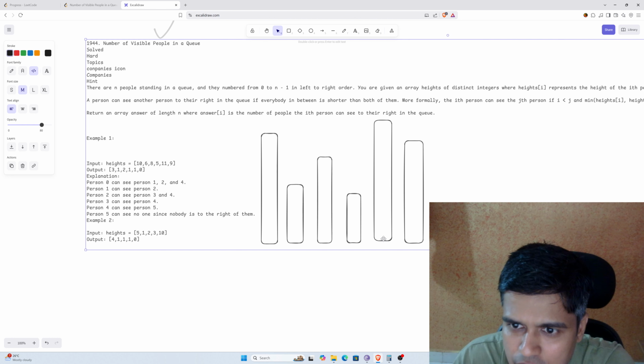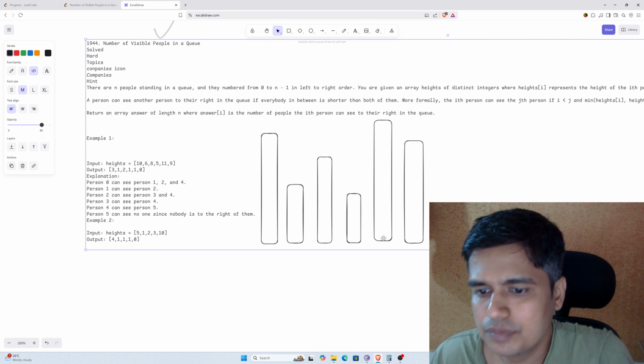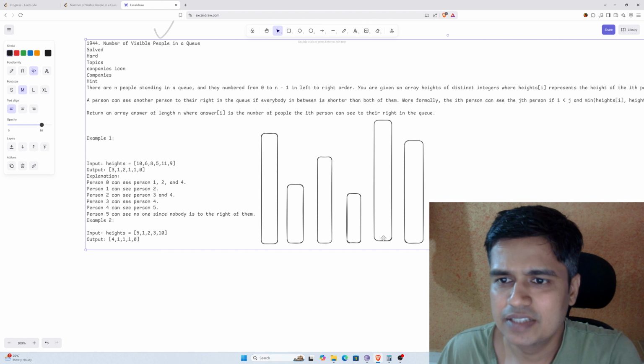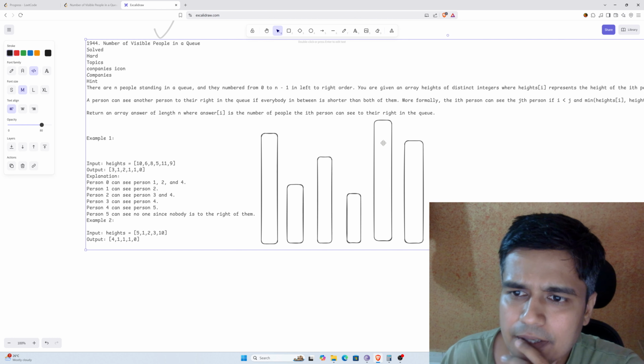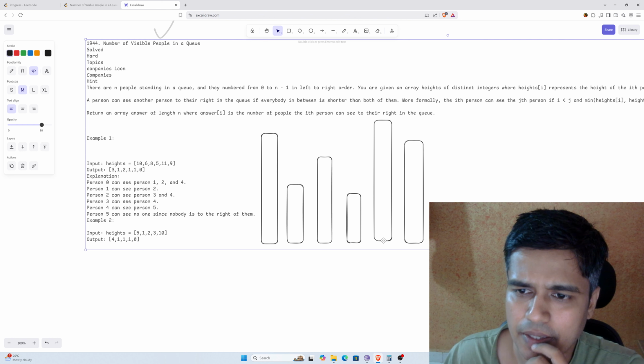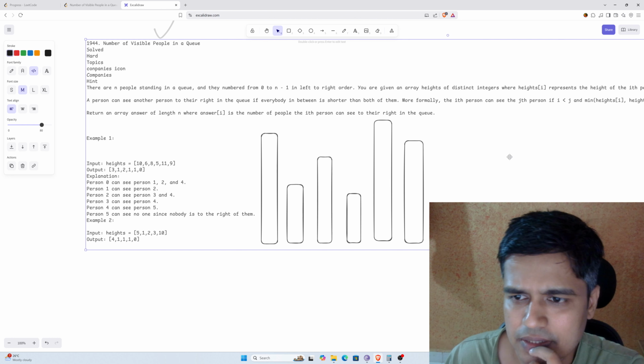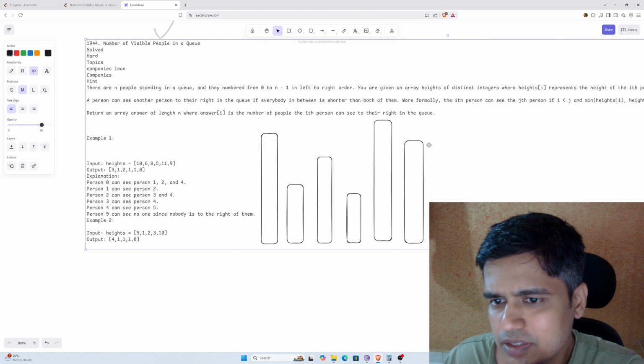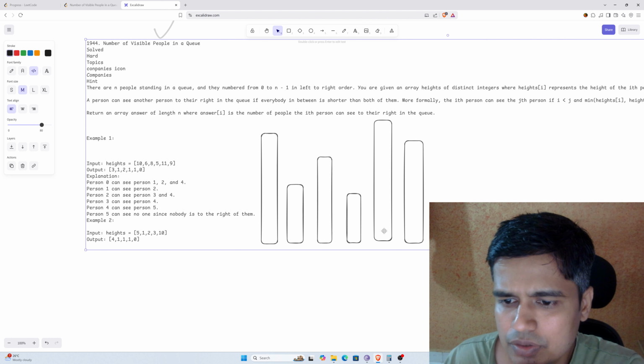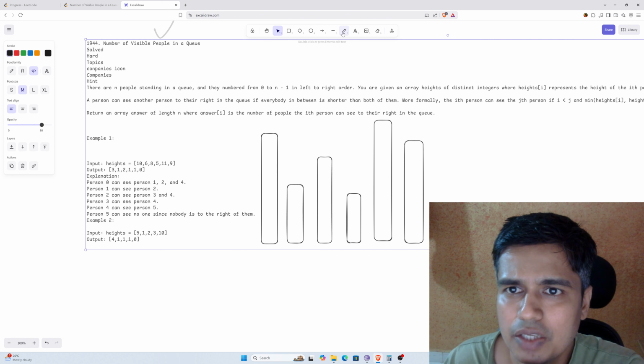Once I understand that, let's say I put this guy, I consider this guy, and then I want to see who is taller than this person. Because this is shorter than this guy, this will conclude the value as 1.